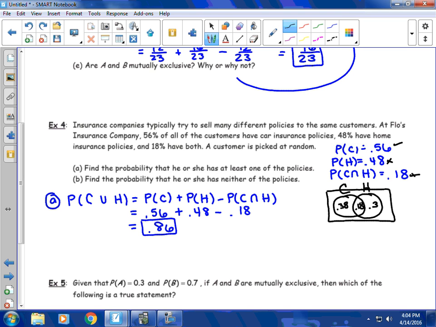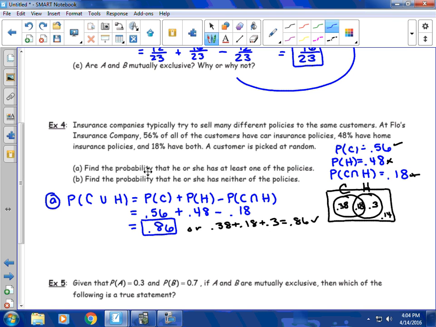And if you add them all up, subtract from 1, you get the 0.14 left out here. So now if I'm looking for the probability that they have at least one of the policies, at least being the key, so maybe they have both, you can see that if I just do 0.38 plus 0.18 plus 0.3, you also get 0.86. It's doing the same thing, but you're keeping track of not counting that overlap twice.